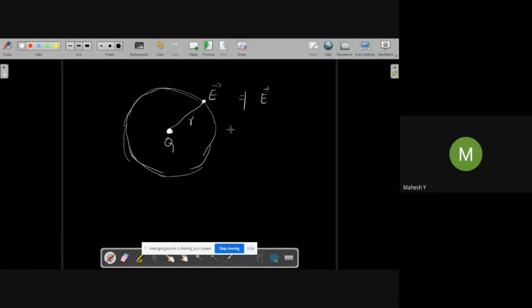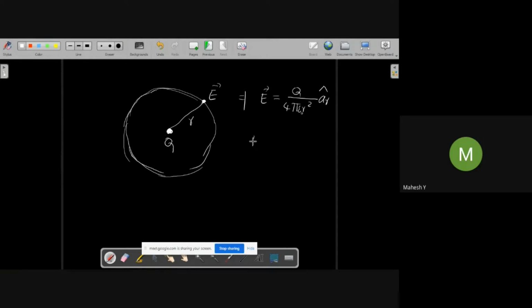Very good. Thank you. Now, if a point charge is there, what is the expression of E at a distance r? Q divided by 4 pi epsilon 0 r square ar cap, right?